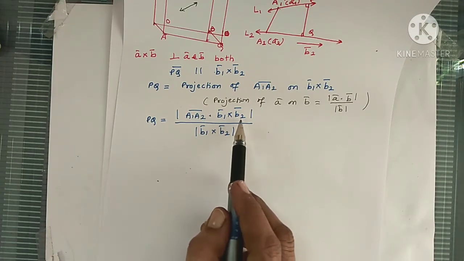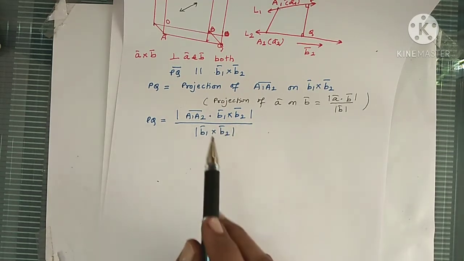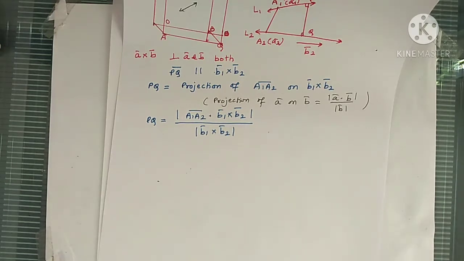Similarly, b2 bar is the vector parallel to the second line, that means b2 bar gives the direction ratios of the second line. So the formula is A1A2 bar dot b1 bar cross b2 bar divided by modulus of b1 bar cross b2 bar. Okay. So let's solve some examples based on this formula.